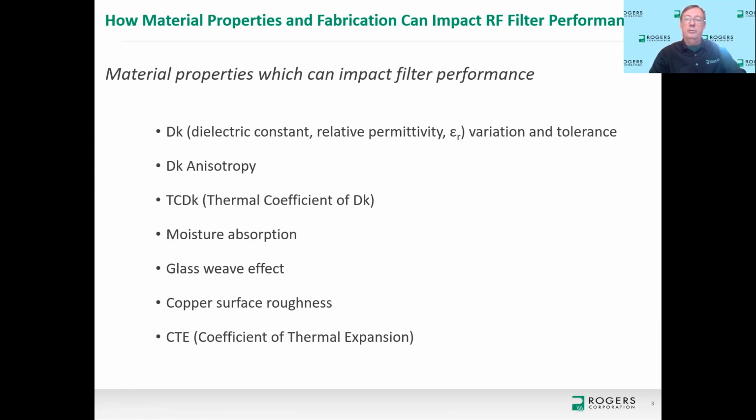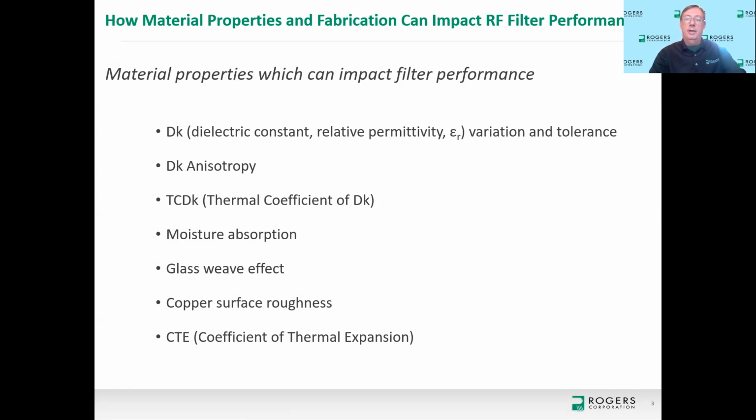So let's move on to moisture absorption. Moisture absorption is a property that all laminates, all circuit materials have. It's basically how much of the atmosphere can be absorbed into the material due to atmospheric moisture or humidity, essentially. And materials with higher moisture absorption are obviously going to absorb more humidity into the material. And the humidity will actually cause the material to increase dielectric constant and increase dissipation factor.